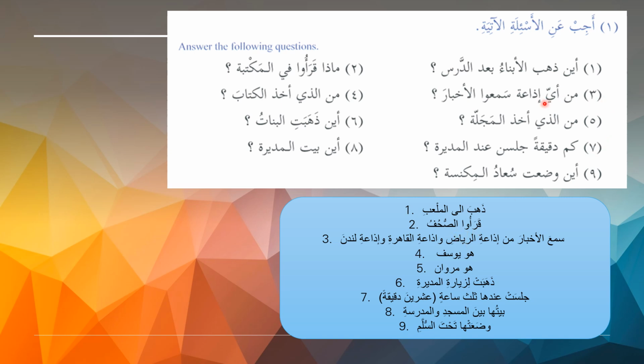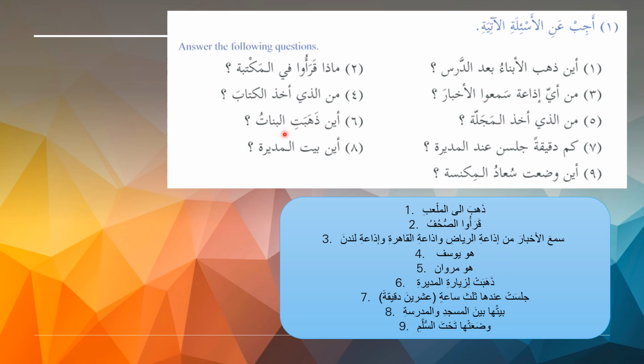Then من أي إذاعة سمعوا الأخبار؟ سمع الأخبار من إذاعة الرياض وإذاعة القاهرة وإذاعة لندن. And من الذي أخذ الكتاب؟ Who took the book? هو يوسف. And من الذي أخذ المجلة؟ So هو مروان.